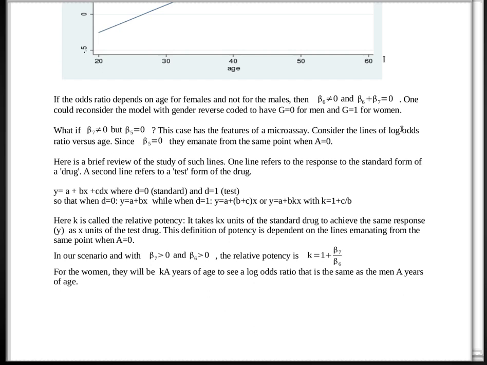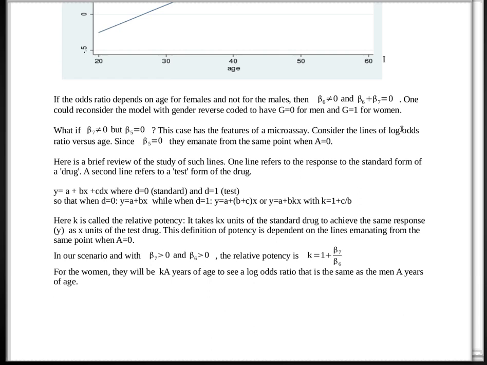Well, this is going to take us a little bit away from the direction that I want to give a lot of emphasis to today. This type of model we're going to be seeing now, where beta 7 is non-zero but beta 5 is 0, is a commonly seen circumstance, but requires very careful consideration.